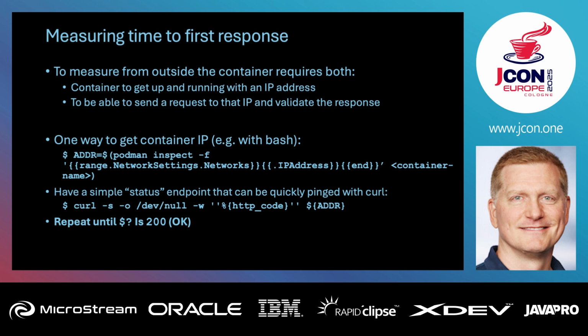Once you have that IP address, you can use a curl command to ping it at some endpoint. In the microservices that I was using in my workshop, each microservice has a status endpoint that you can ping, and when the status endpoint finally responds, you can say that's when the first response comes back. So you should be measuring time for first response from outside the container. Don't believe anything inside the container. You should be pinging it from outside, because that's what the transactions in your real world scenario are going to be doing. All right.